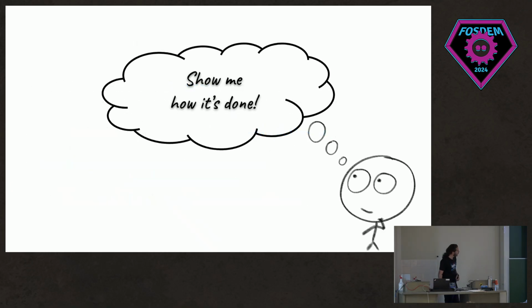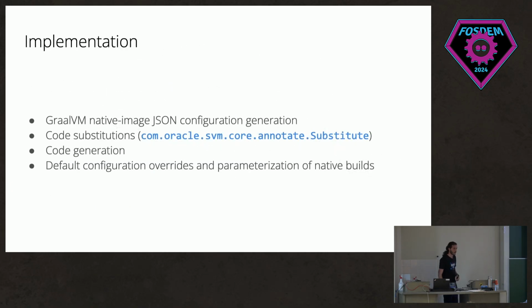So how does this really work under the covers? First of all, Quarkus will take care of generating the Graal native image JSON configuration files. It will perform code substitutions wherever necessary. Code substitutions allow us to go and patch third-party libraries or even the JDK itself.